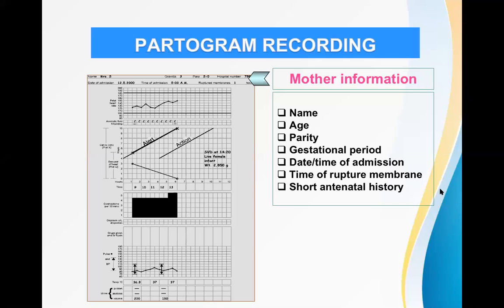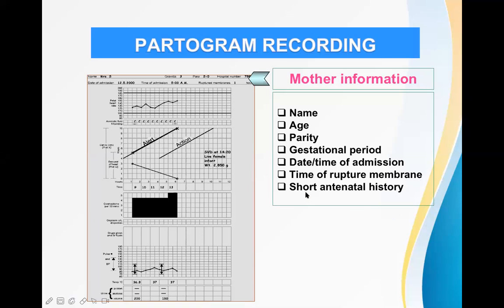So if the membrane has been ruptured much longer before delivery, already 18 hours, already 24 hours, and till that time the baby has not come out, that baby has a high risk of getting infection. This is known as premature rupture of membrane, and it is associated with fetal infection as well as infection of the uterine cavity. That's why we need to ask exactly when the membrane ruptured.